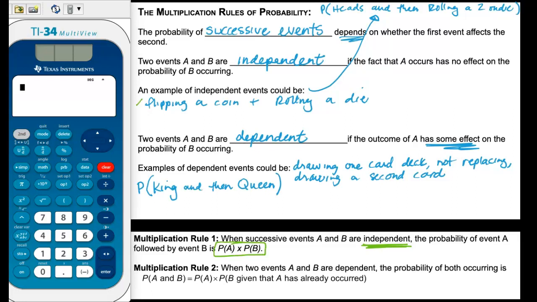Let's do our example where I asked, what's the probability of flipping a heads and then rolling a 2? I find the probability of flipping a head and multiply it by the probability of rolling a 2. That's all I have to do because they're independent from each other. There are two choices for a coin, so there's a 1/2 chance that I flip a head.